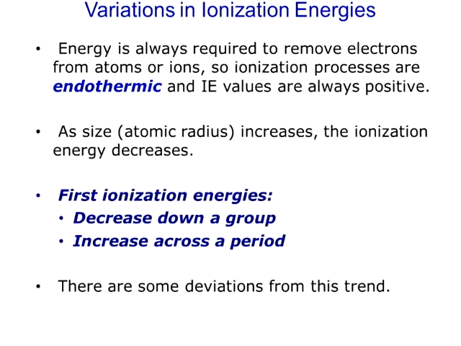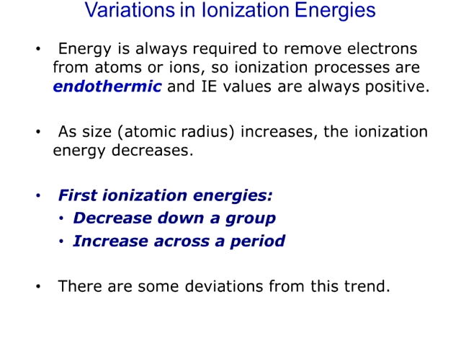And the IE values are always positive. Energy is always required to remove electrons. Therefore, it's endothermic because it needs to absorb the energy. And the IE values are always positive. So remember that.